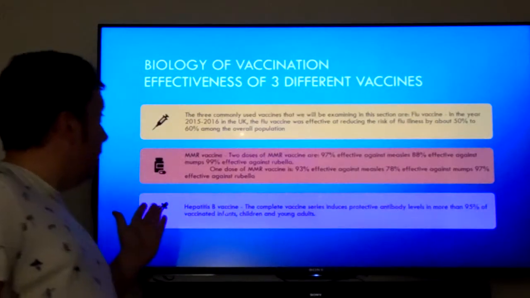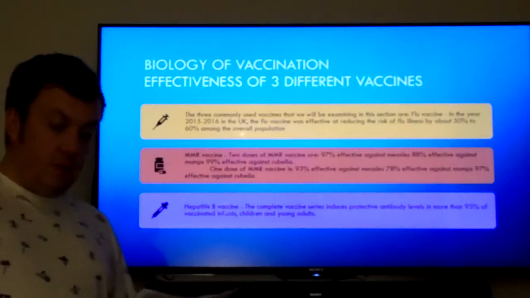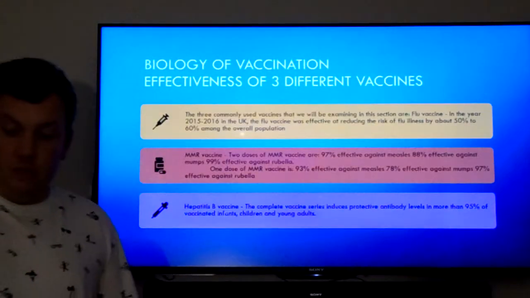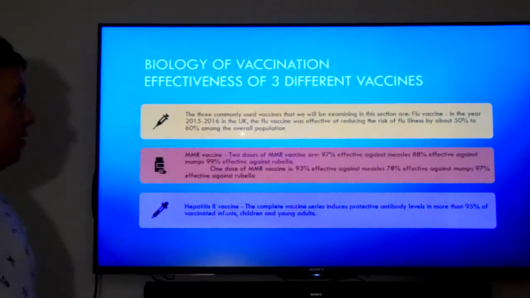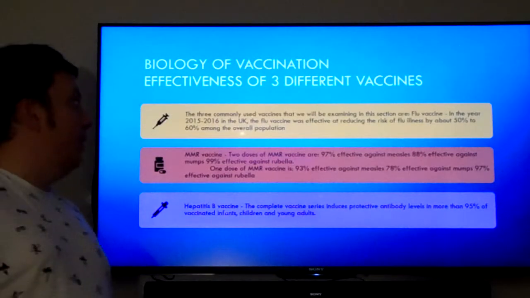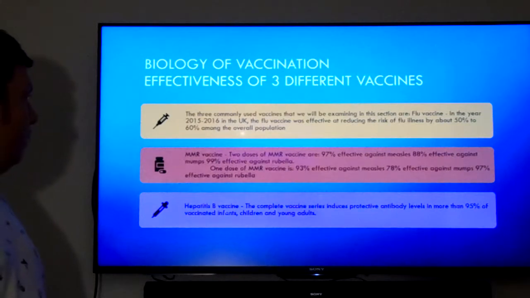The MMR vaccine has been shown to be very effective at preventing people developing measles, mumps and rubella. We've got the stats: 2 doses of an MMR vaccine are 97% effective against measles, 88% effective against mumps and 99% effective against rubella.